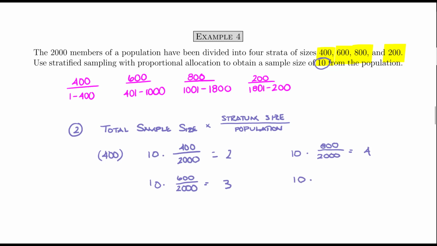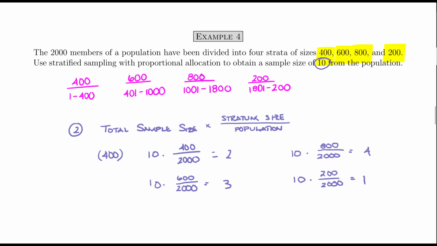And then we have 10 times 200 over 2,000. And we get 1. So from the group of 400, we need 2 people. From the group of 600, we need 3. From the group of 800, we need 4. And from the group of 200, we need 1. And if you add these up, 2 plus 3 is 5, plus 4 is 9, plus 1 is 10. That gives us our 10-person sample size.